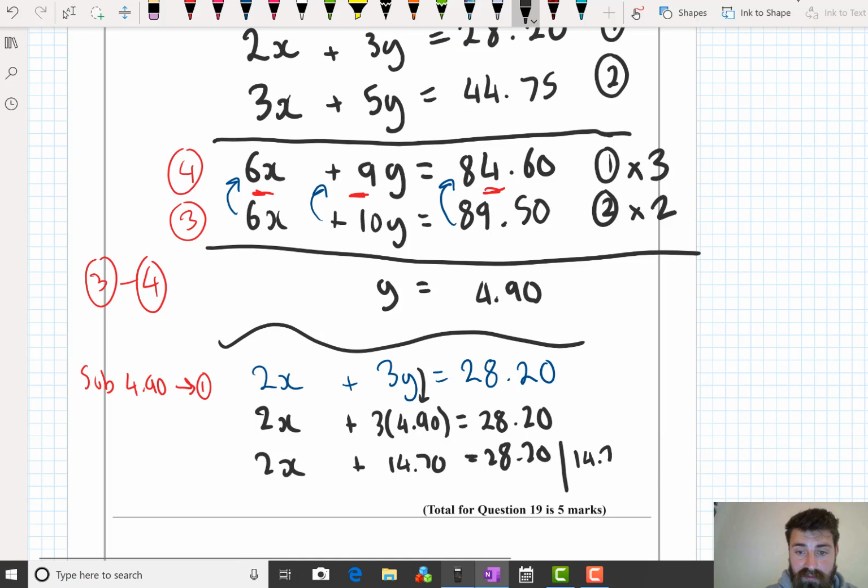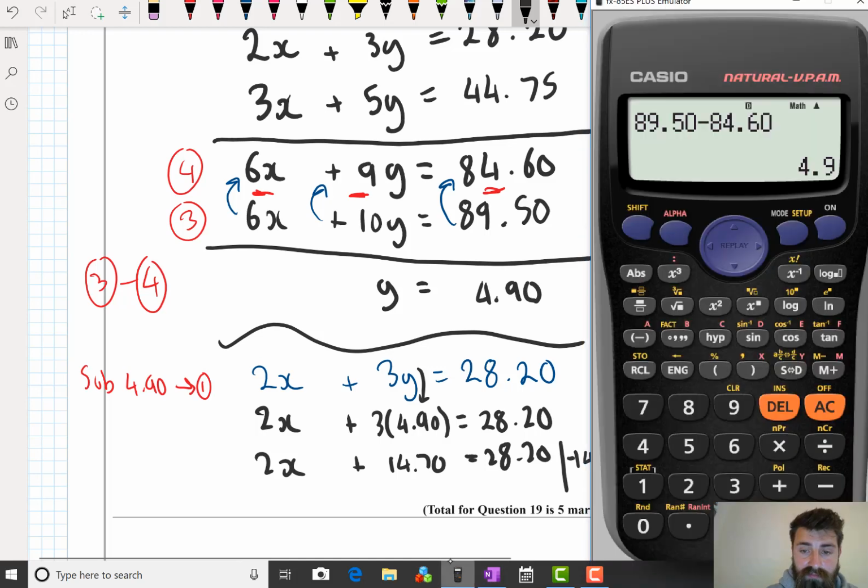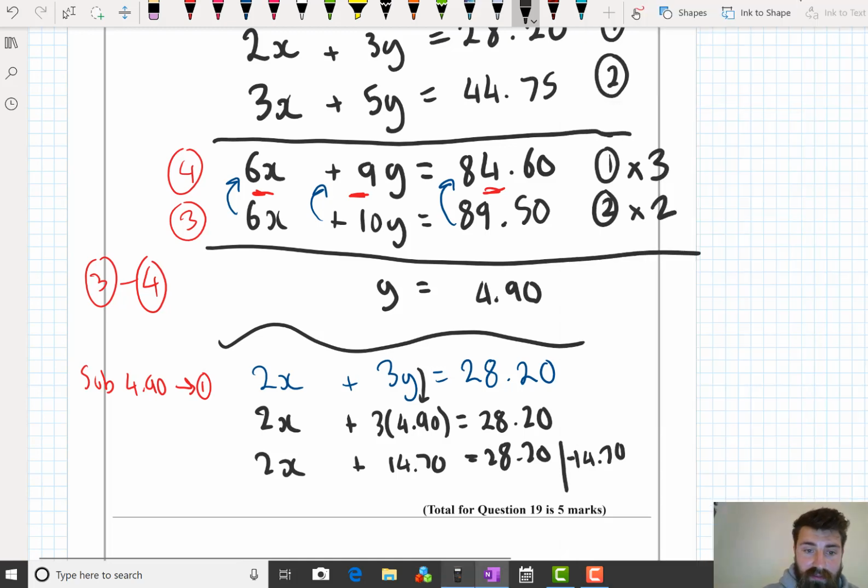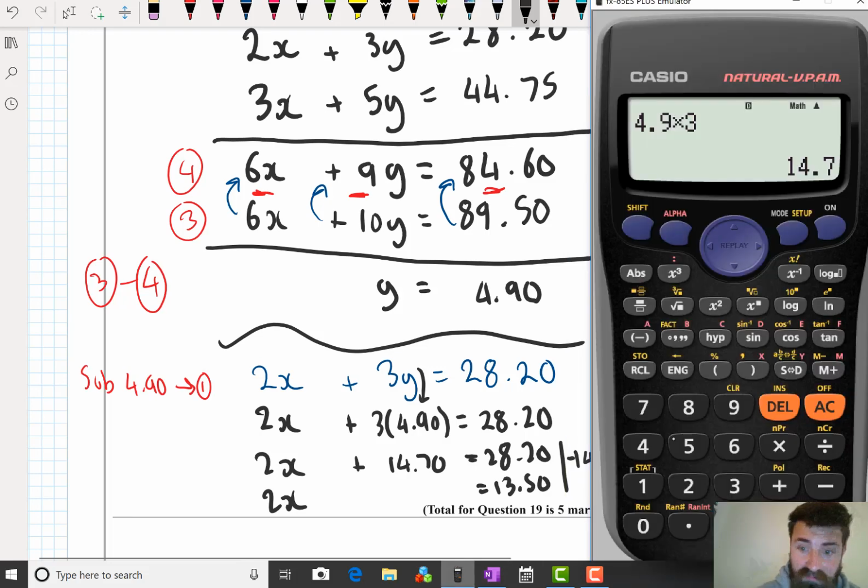Do you know what? I'm checking it. I'm doing it. Good. 2x equals £28.20 subtract £14.70, £13.50. I'm checking it again, and I get the same answer, £13.50.